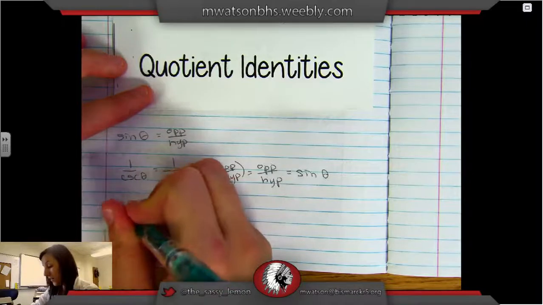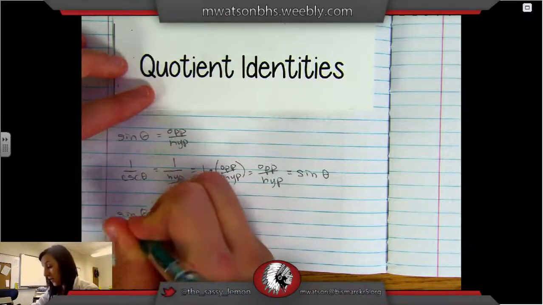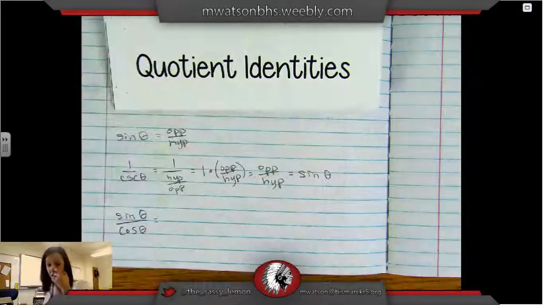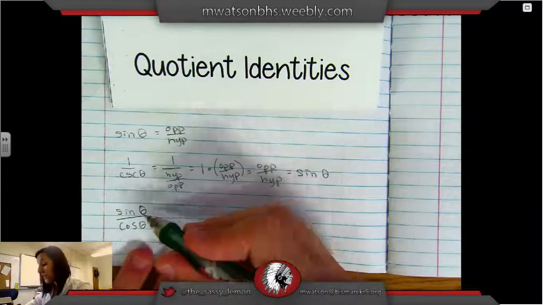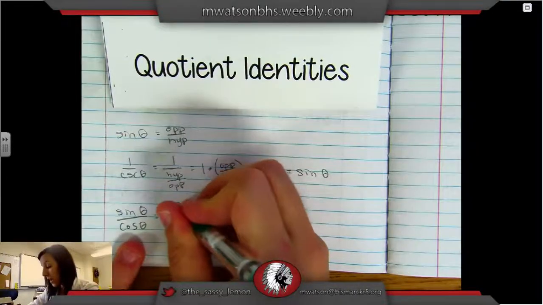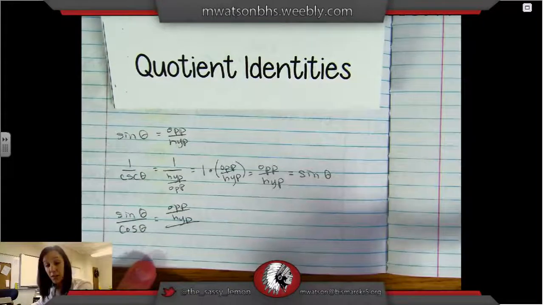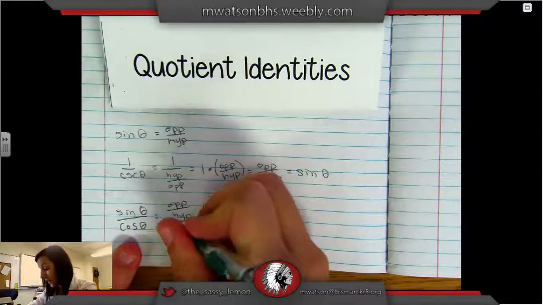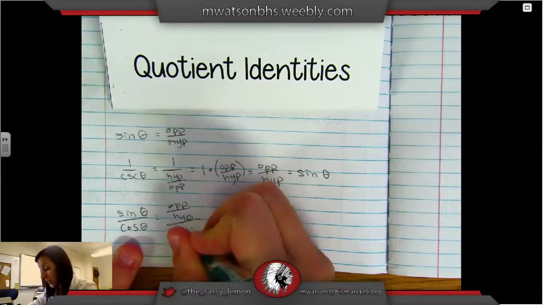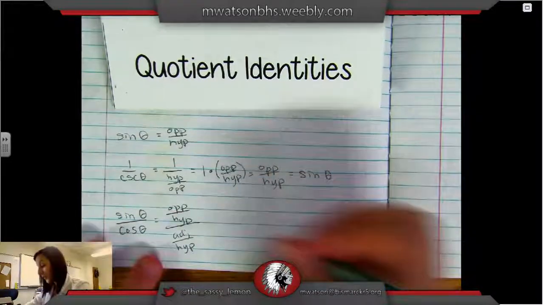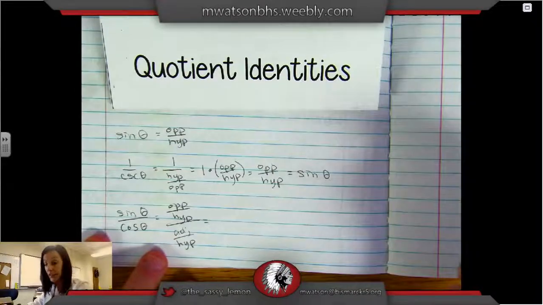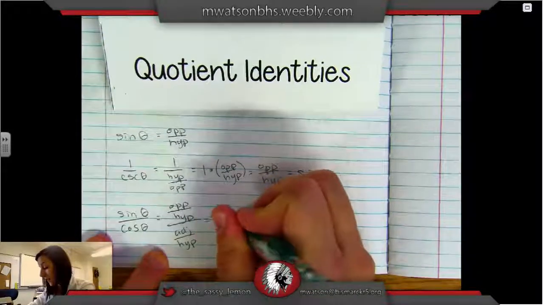So we're going to say sine of theta over cosine of theta, and we want to prove that's equal to tangent. Well, let's change sine into opposite over hypotenuse. And let's change cosine to adjacent over hypotenuse, because those are the ratios that they're equal to. Well, we have another complex fraction, so the top stays the same.